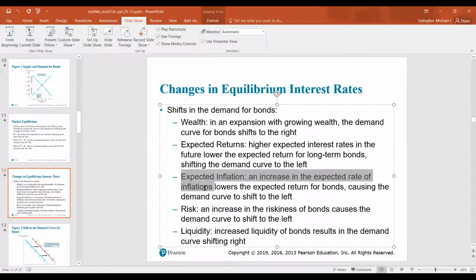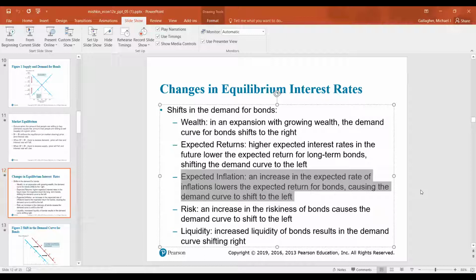I want to talk more about this. Expected inflation: an increase in the expected rate of inflation lowers the expected return for bonds, causing the demand curve to shift to the left. We're talking now about a relative return because higher prices on houses would lead to higher nominal capital gains, which would increase the rate of return on your house.